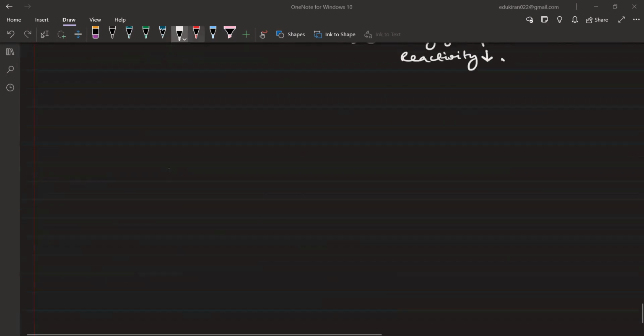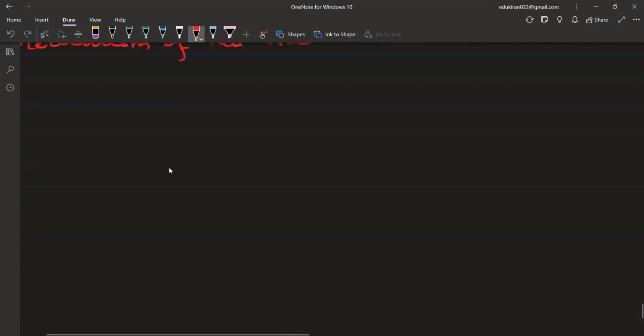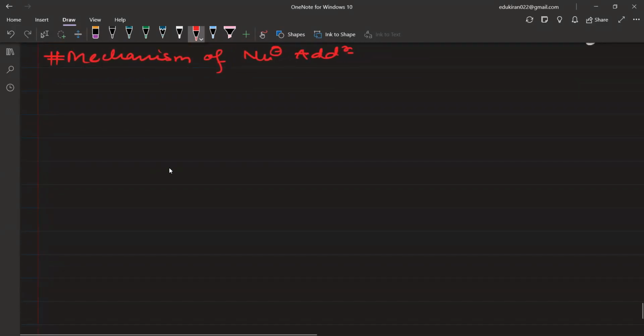Right, next, mechanism of nucleophilic addition reaction. Now, the mechanism of nucleophilic addition reaction is not very hard, it's very easy.